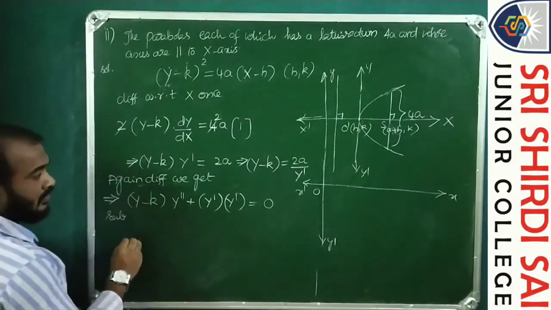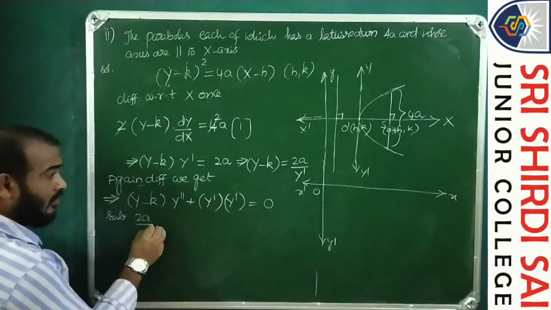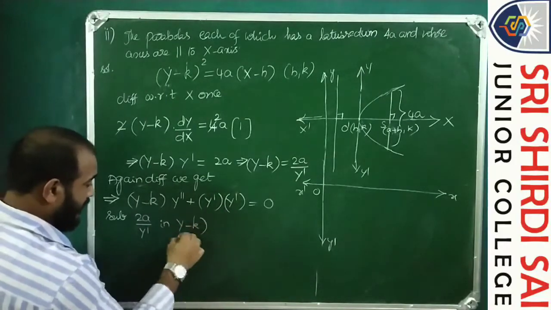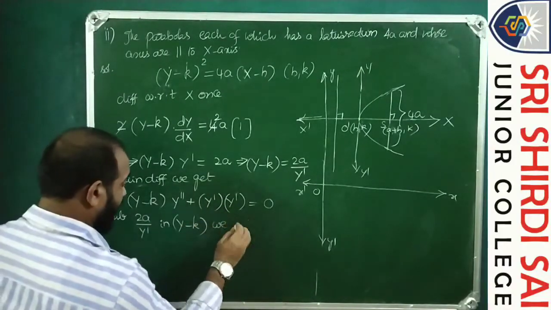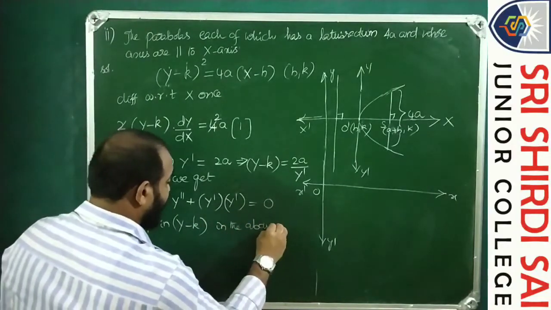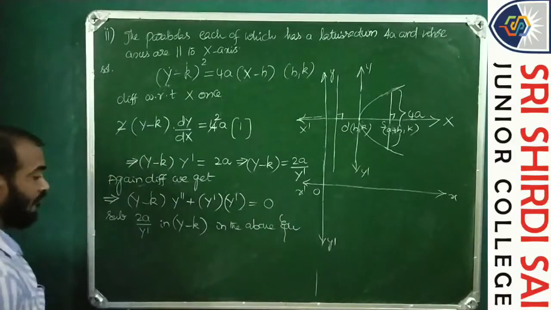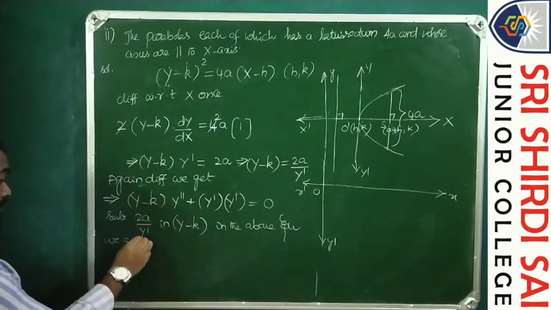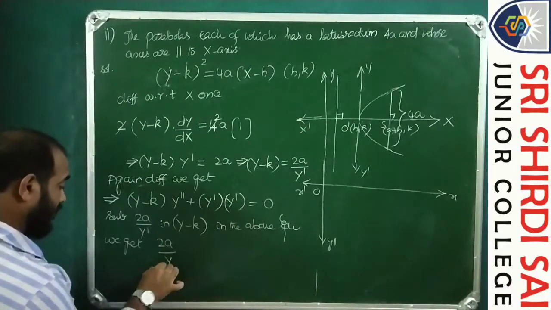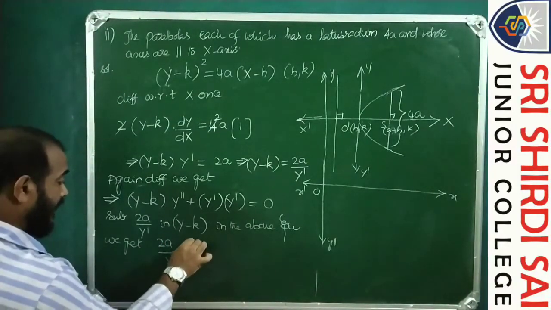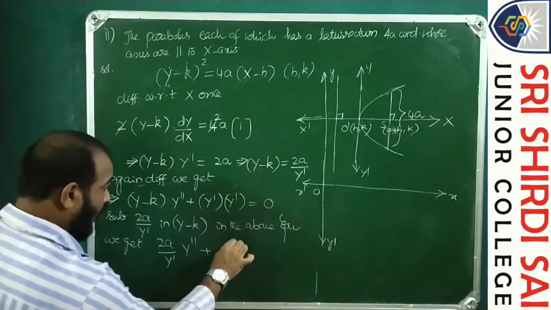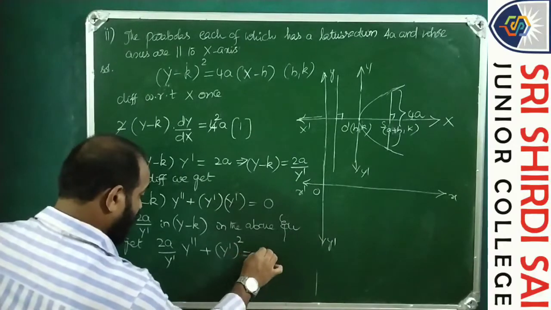Substituting 2a by y dash for y minus k, we eliminate k in the above equation. We get 2a by y dash into y double dash plus y dash square equals 0.